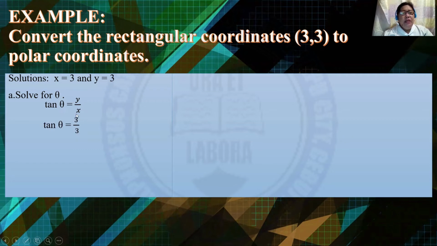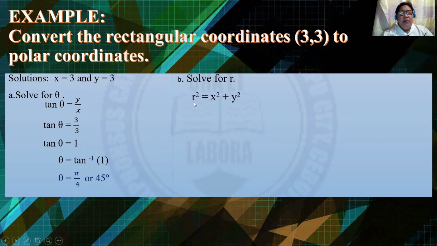Substitute 3 to y and 3 to x. So 3 over 3 is 1. In solving for the angle, use the inverse function. So you have tan inverse of 1. Therefore, theta is pi over 4, or equivalent to 45 degrees. And to solve for r, use r squared is equal to x squared plus y squared.